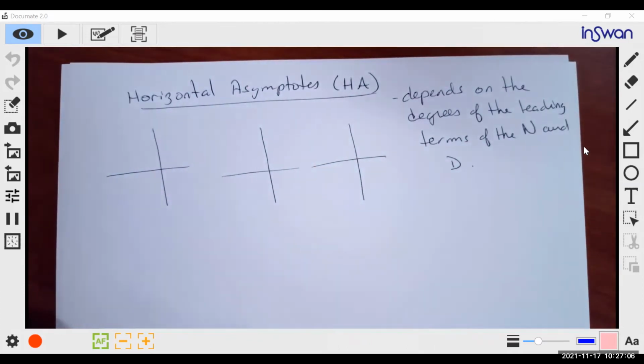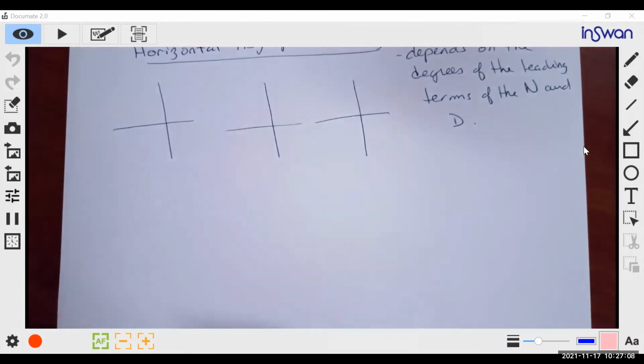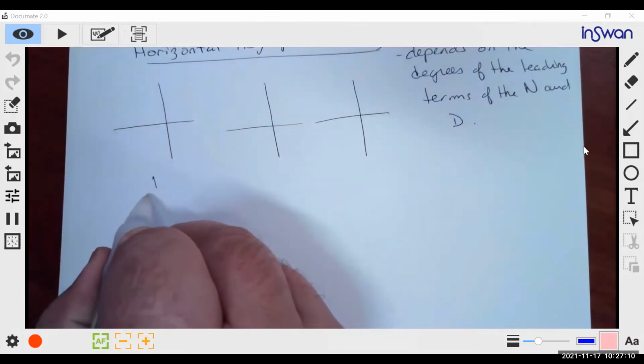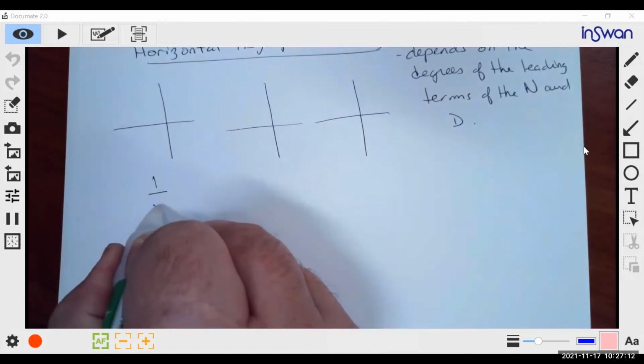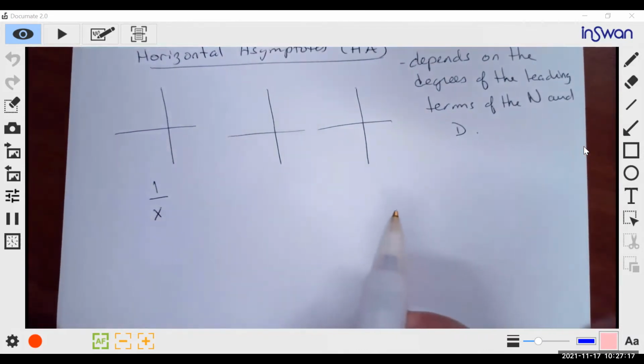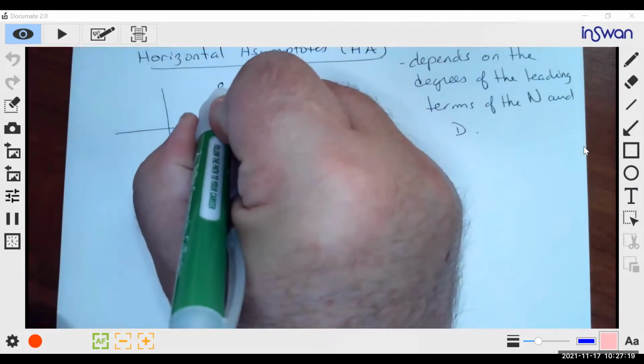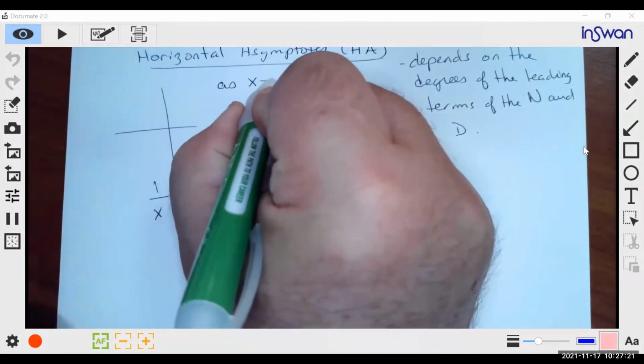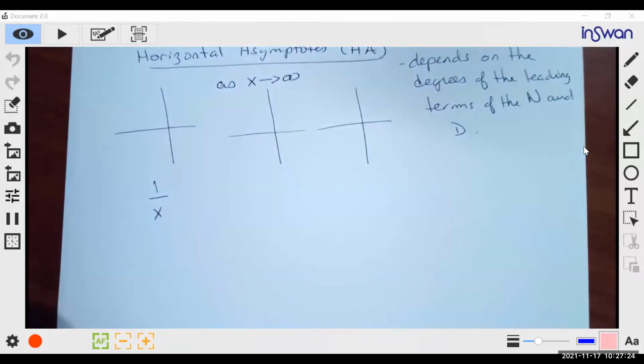All right, we have 3 possibilities here. For each of these, we're going to look at as x goes to infinity.